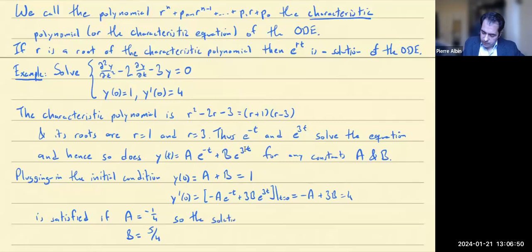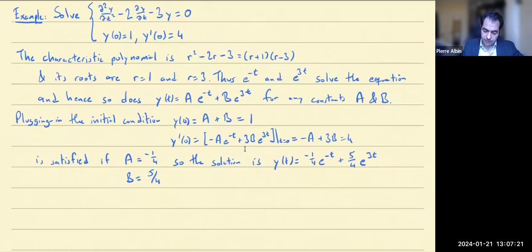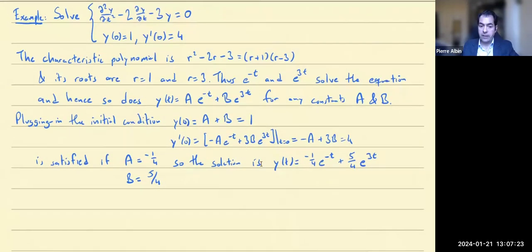So the solution, I know it's the only one by the existence and uniqueness theorem, the solution is y of t equals minus 1/4 e to the minus t plus 5/4 e to the 3t. Okay, so you see that we wanted to solve this ordinary differential equation, or initial value problem in this case, and it came down to a polynomial equation because we have linear constant coefficients.